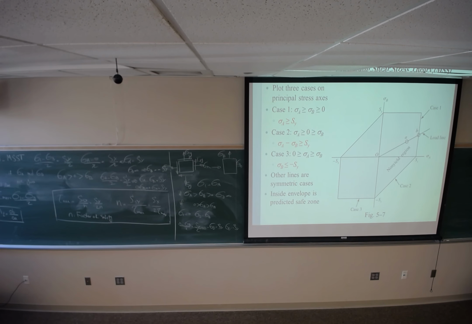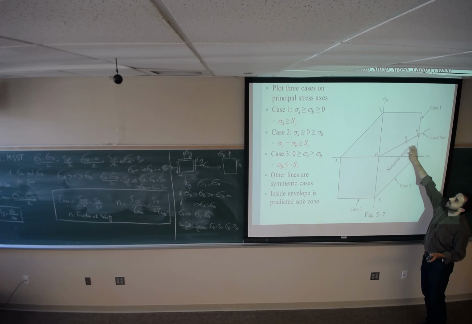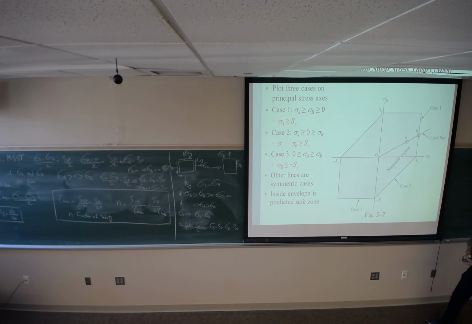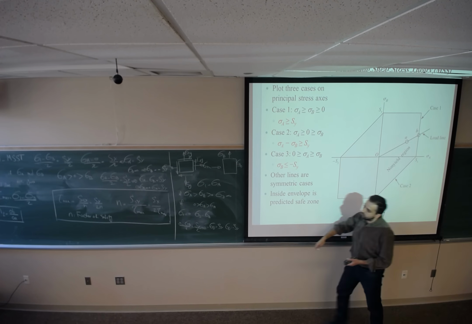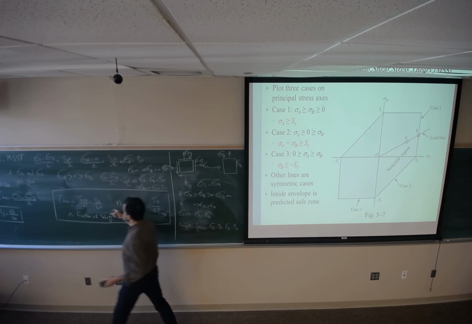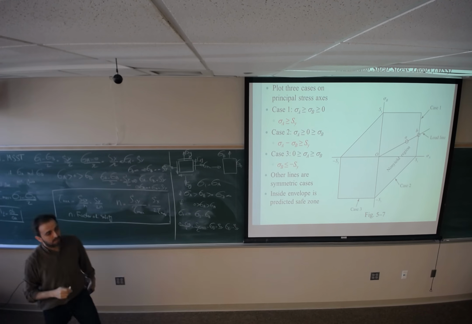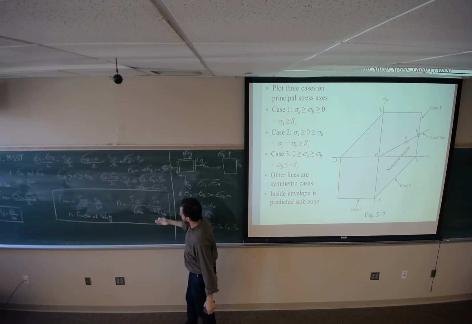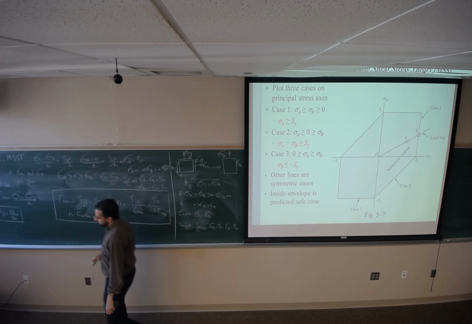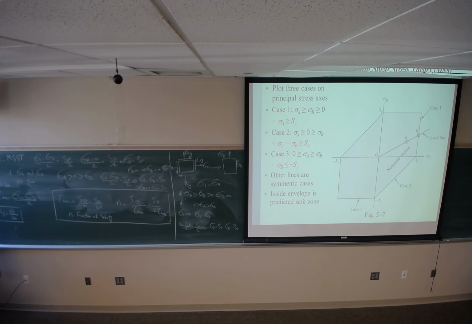The load line, we are going to use this later, but this is the application of the load line. It's going to help us find the factor of safety if you don't want to deal with these equations. So graphically, if I ask you to find the factor of safety, you can just measure this, divided by this, and it's going to be the factor of safety. But if you want to work with the equations, this is how you can find the factor of safety. Make sense?